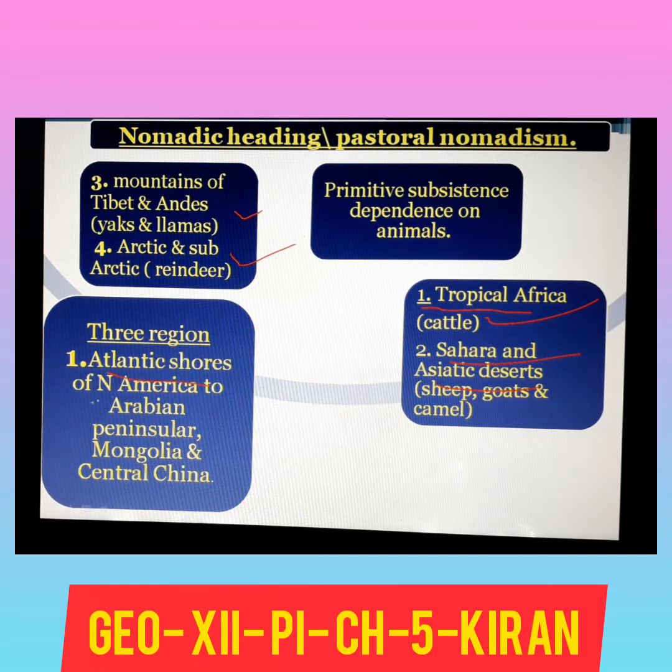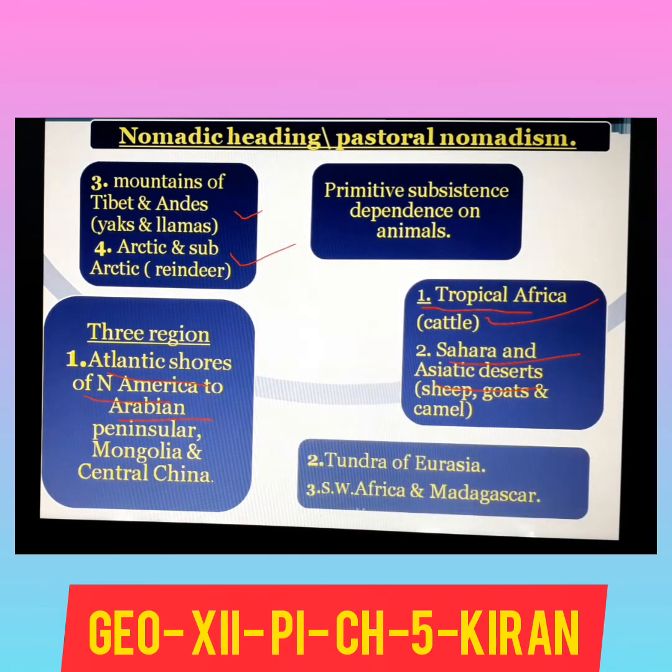The Atlantic shores of North America to the Arabian Peninsula, which also includes parts of Mongolia and central China. Second region is the tundra region of Eurasia, the parts of Europe and Asia. Third one is Southwest Africa and Madagascar.